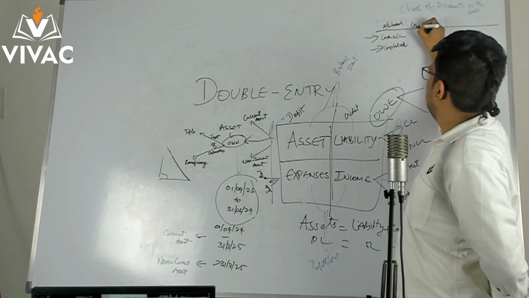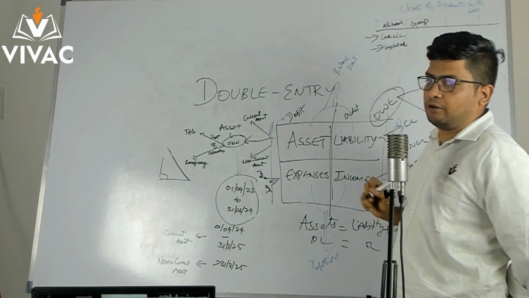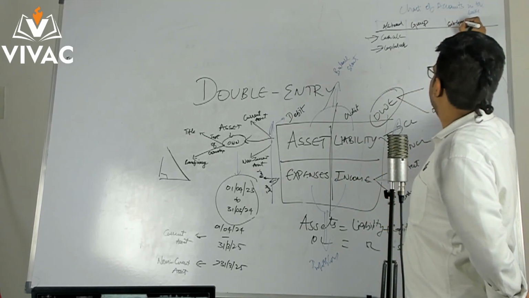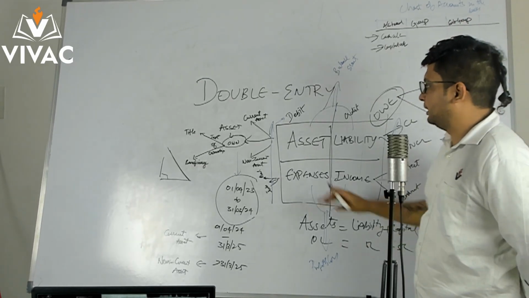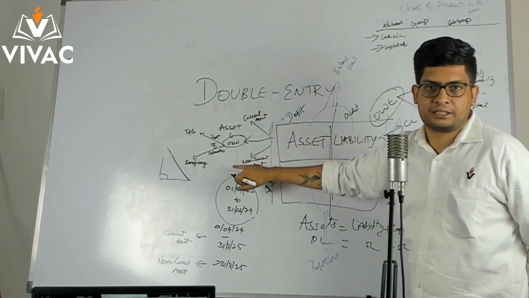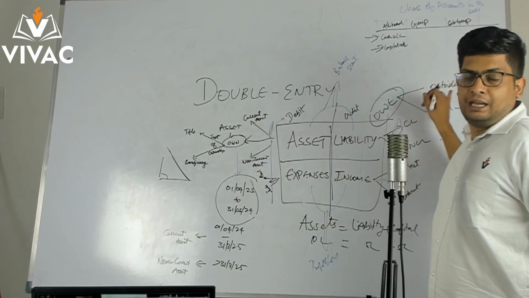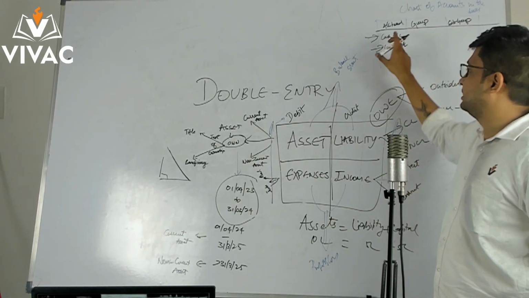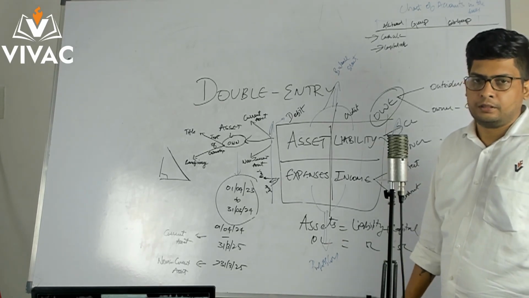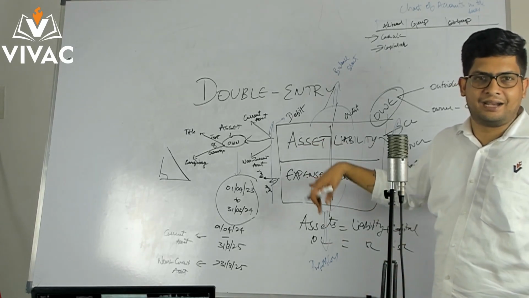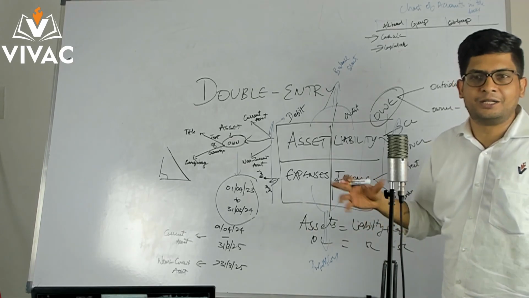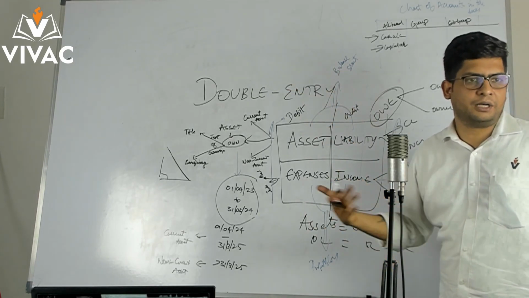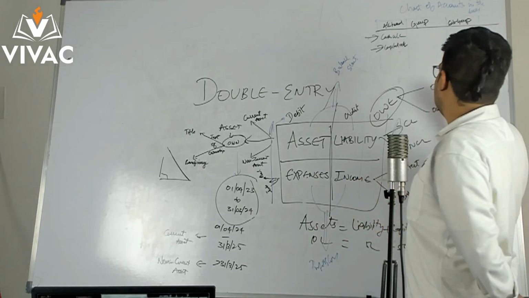Next is your group: balance sheet or profit and loss. Next is the subgroup. Subgroup is what we studied here: current asset, non-current asset, direct expense, indirect expense, capital, non-current liability, current liability, direct income, indirect income. What is cash? Cash is an asset, and within assets, a current asset. Because are we keeping cash to spend after 12 months? Why do business? We need rotation, so we want money to come in and go out every day. So cash is your current asset.